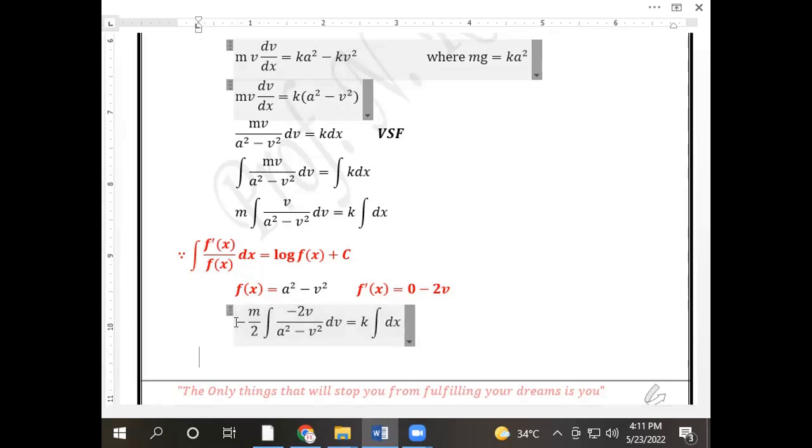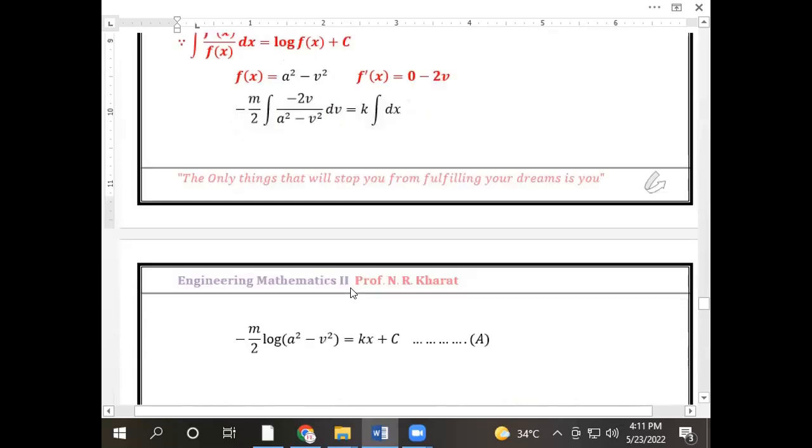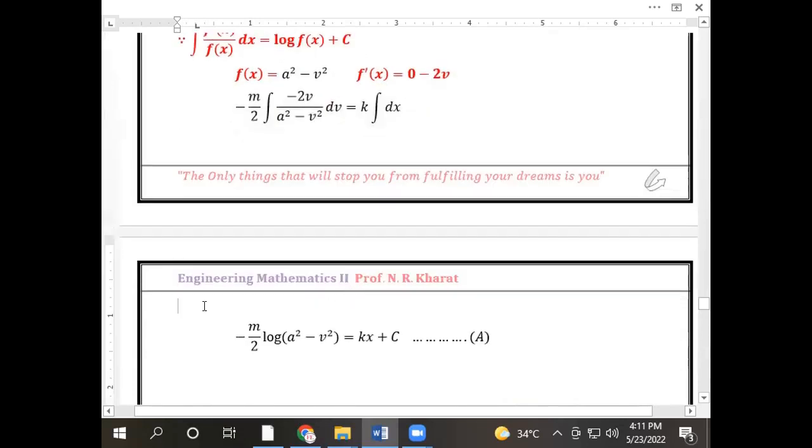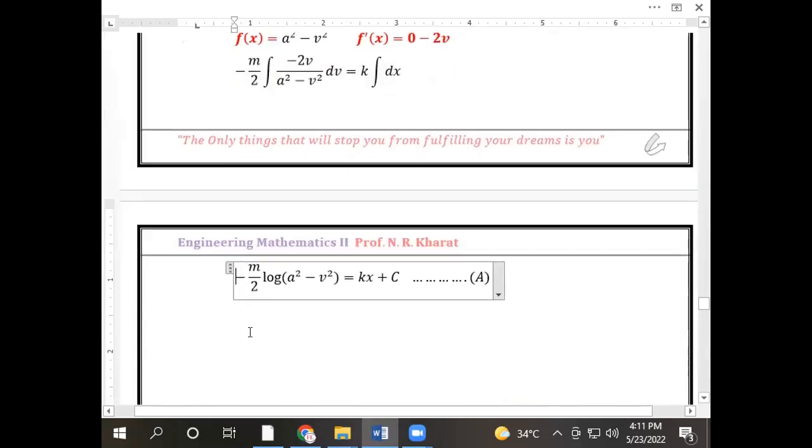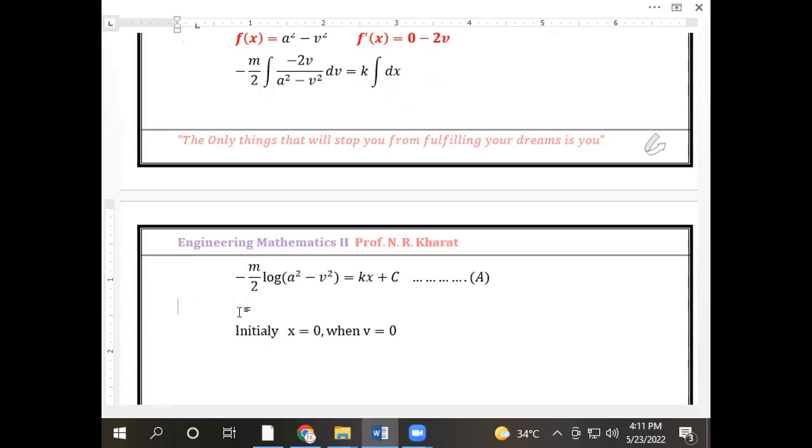On the left hand side, we get minus m upon 2 times log of a square minus v square, and the right hand side is kx plus c. To find the value of the constant of integration, we put the initial condition: at x equal to 0, the velocity is 0.